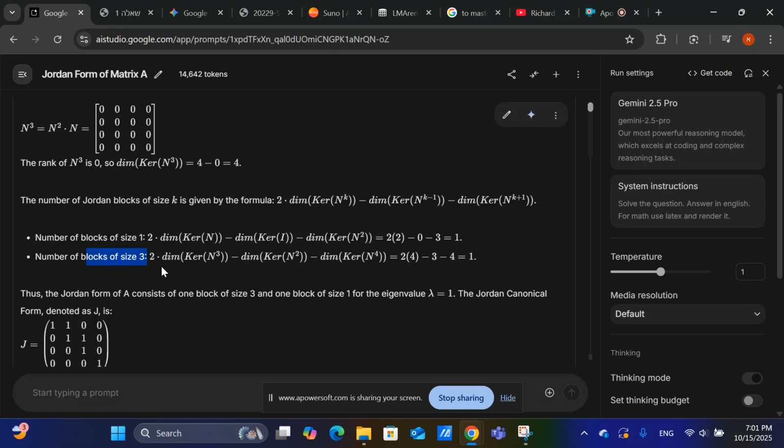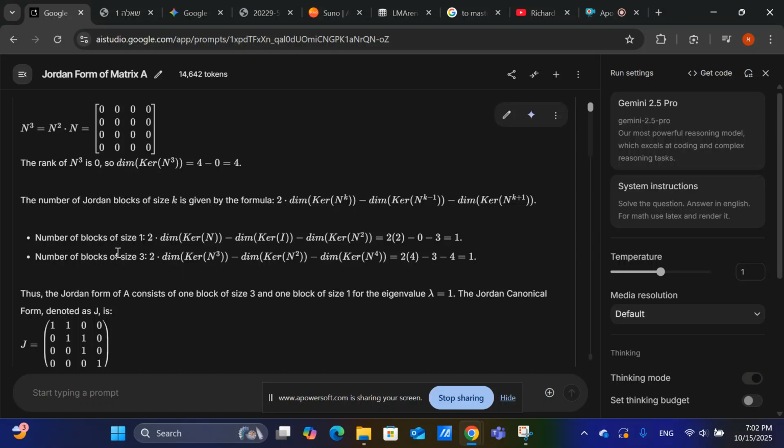For blocks of size 3, I can use the same formula. I take 2 times the dimension of the kernel of N cubed, minus the dimension of the kernel of N to the power of 3 minus 1, minus the dimension of the kernel of N to the power of 3 plus 1, which is 4. I know the dimension of the kernel of N to the power 4, because if N to the power 3 is 0, this will also be the zero matrix, so the dimension of the kernel is 4, so here as well it will be 4.